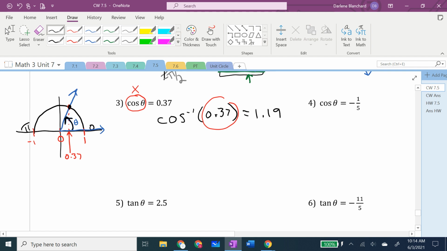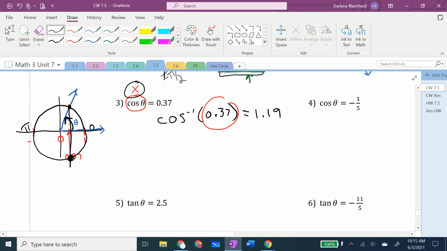Now, if I'm dealing with cosine, I'm dealing with all the way around the circle. When do I have an x equal to 0.37? On the other side of the circle, what the calculator will not give you, that is also an answer to the equation of cosine theta equals 0.37.